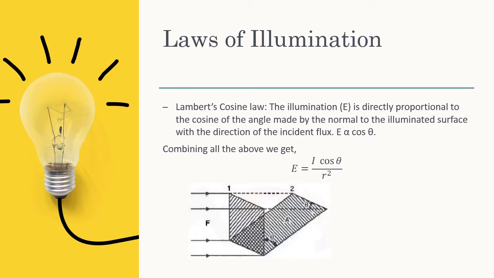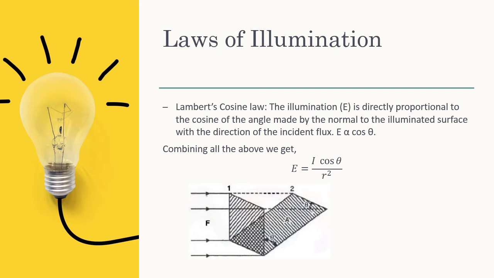This is the illuminated surface. The angle between these two is theta. So illumination is directly proportional to the cosine of the angle. So E is proportional to cos theta.